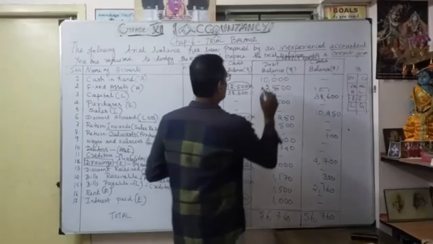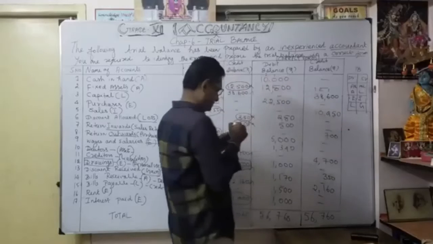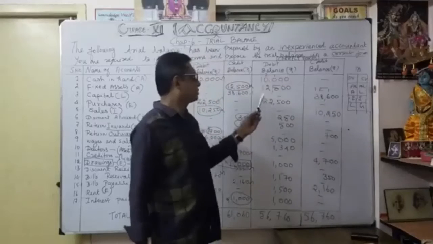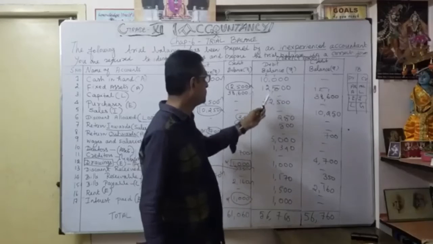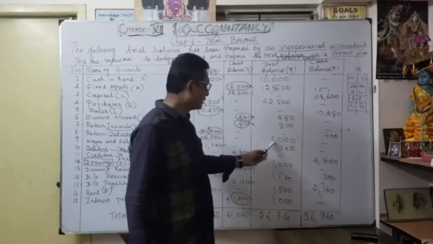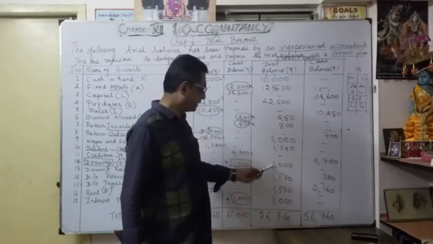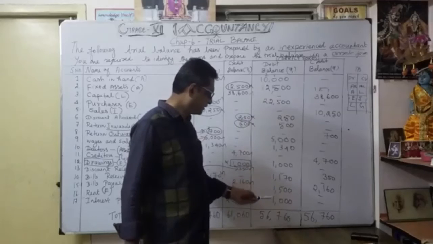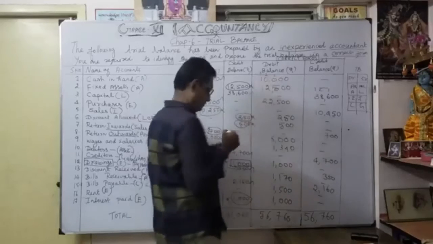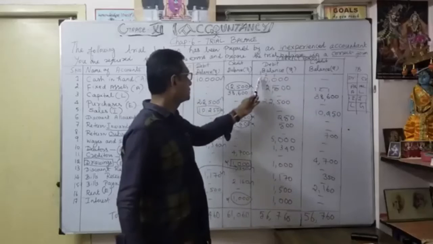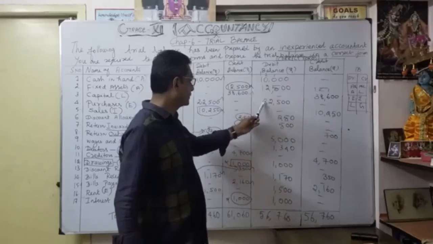So balance carry over 2. Okay. So 2 plus 2, 4. 4 plus 2, 6. Then 11, 12, 13, 14, 15, 16. So balance 1. Okay. So 1, 1, 2, 3 plus 5.